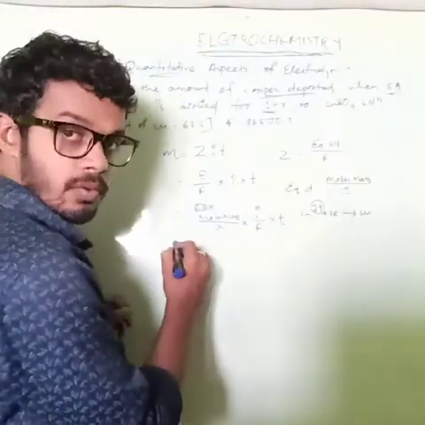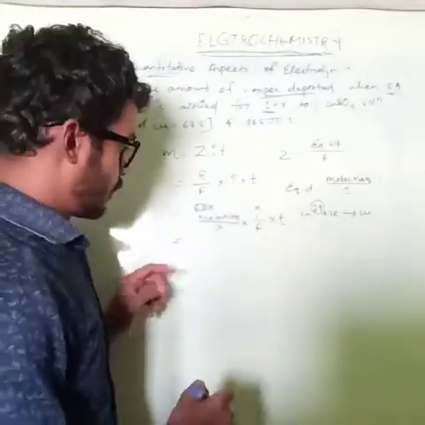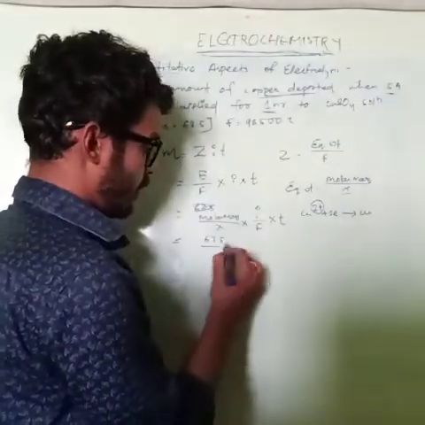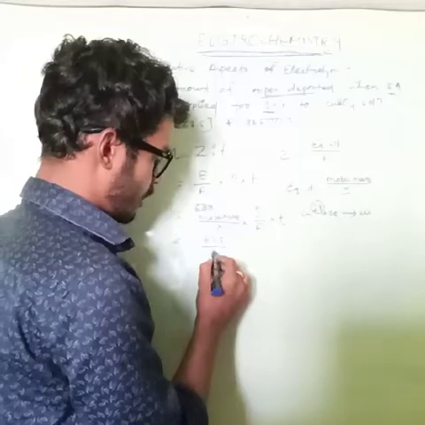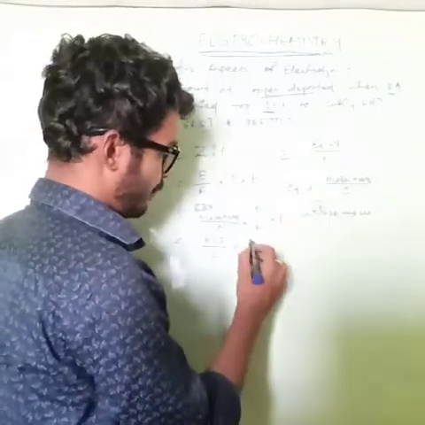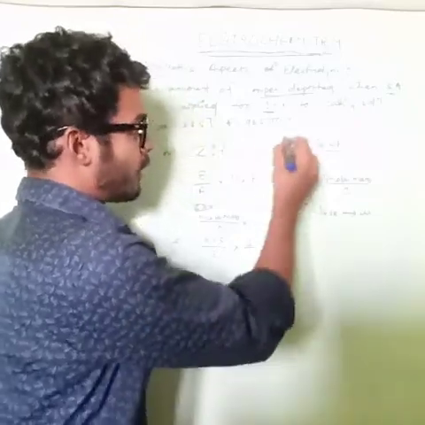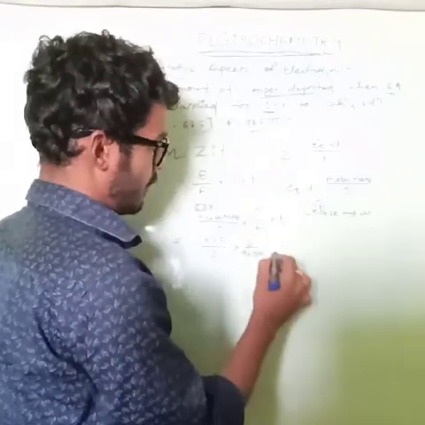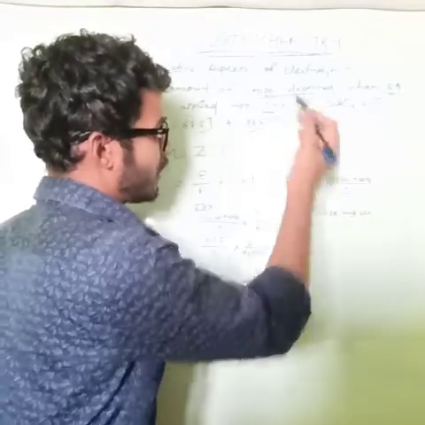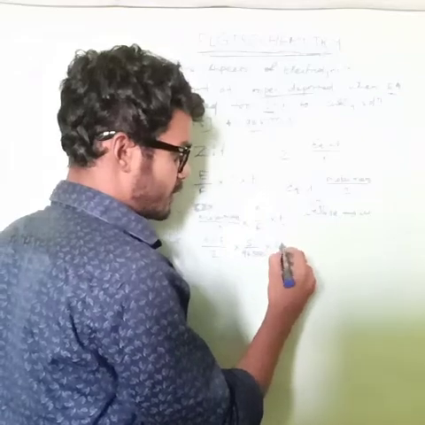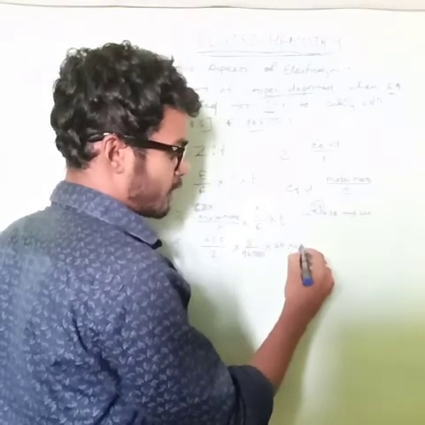Yes. So molar mass is 63.5, X is 2, I is 5, F is 96500, into T, which is 1 hour. Always you have to write it in seconds. So 1 hour is 60 minutes and 60 minutes is 60 seconds each.